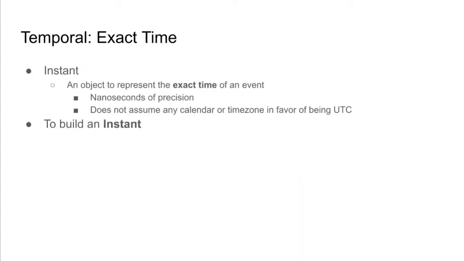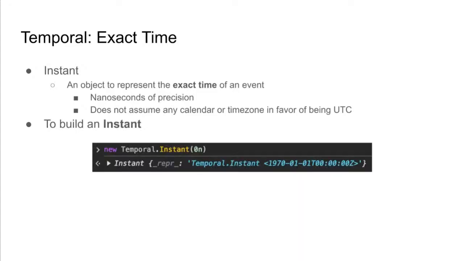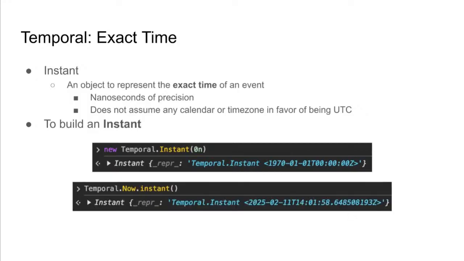And how do we build an Instant? First, using the Temporal module, we use the constructor for the Instant class using the new keyword and pass the number of nanoseconds, that's important, to the constructor. Notice that the 0n here represents a BigInt. So it's not just an integer.